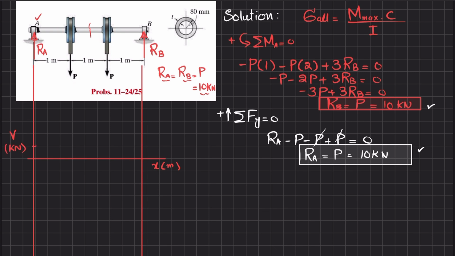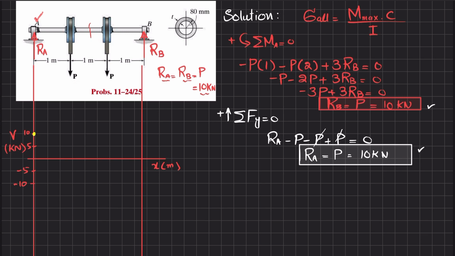Let each division be 5, and this is 10 kilonewton, similarly minus 5 and minus 10 kilonewton. Now at point A, you have Ra, which is 10 kilonewton. So the first point will be this point.